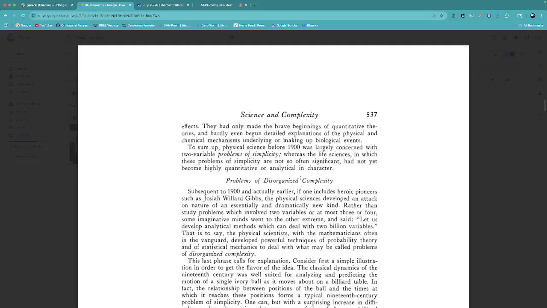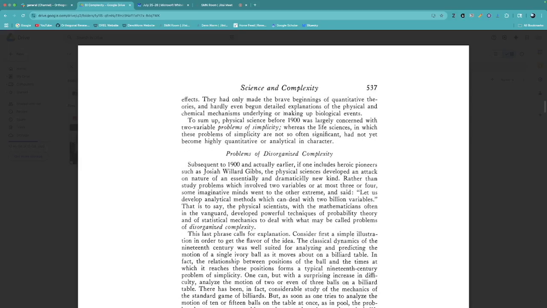So he gets into problems of disorganized complexity. He brings up Josiah Willard Gibbs, who talked also about thermodynamic entropy.